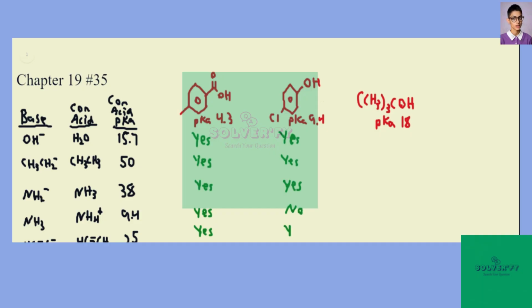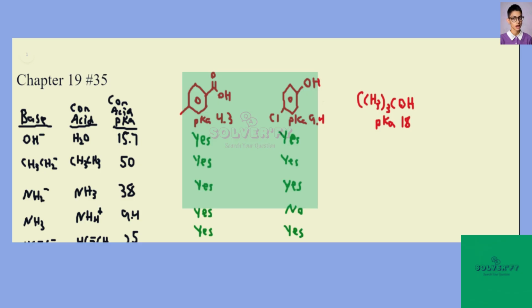So that's the no. Ammonia, the conjugate acid being the ammonium ion, is not going to be a strong enough base to deprotonate this parachlorophenol here.